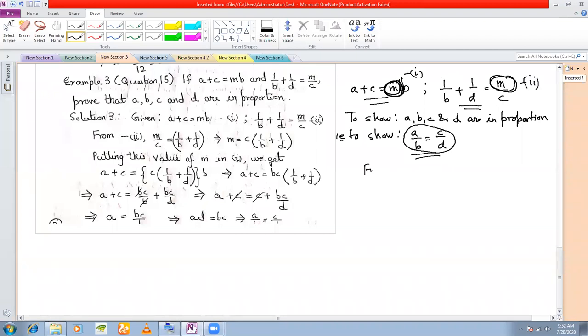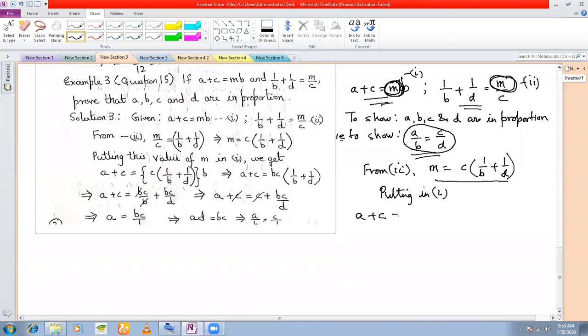From 2, find the value of M. Or you can find the value of M from 1 also. I'm finding from 2. So M is equal to C times 1 by B plus 1 by D. When you have found the value of M from 2, you put it in 1, because I want to remove M.